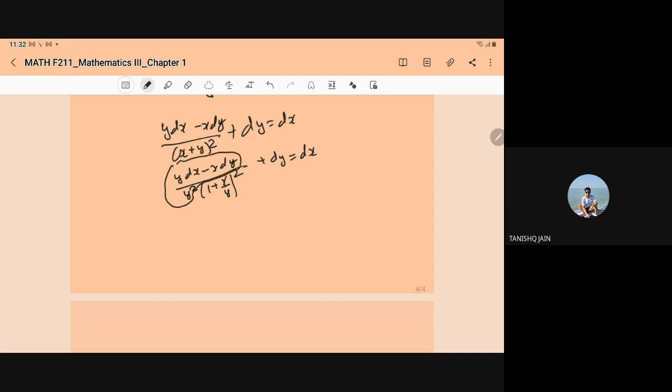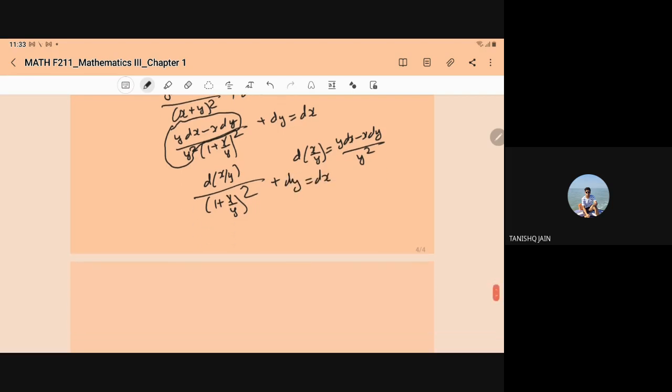So this factor can be written as, I have told you what d(x/y) is. d(x/y) is what? It is (y dx − x dy)/y². This only we have. So we can write this as d(x/y)/(1 + (x/y)²) + dy = dx.